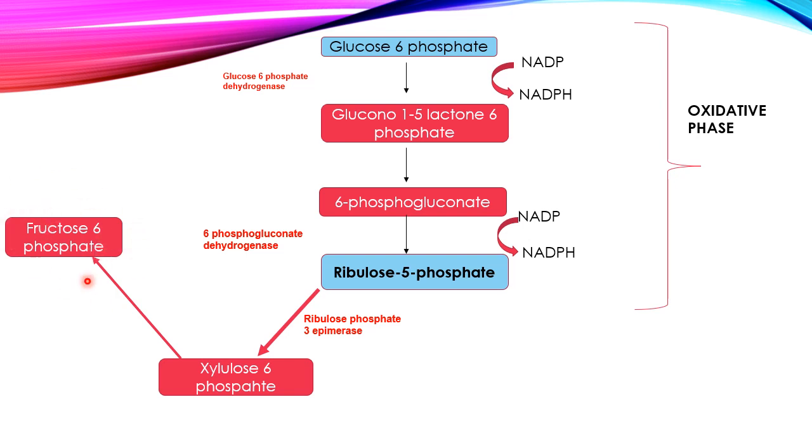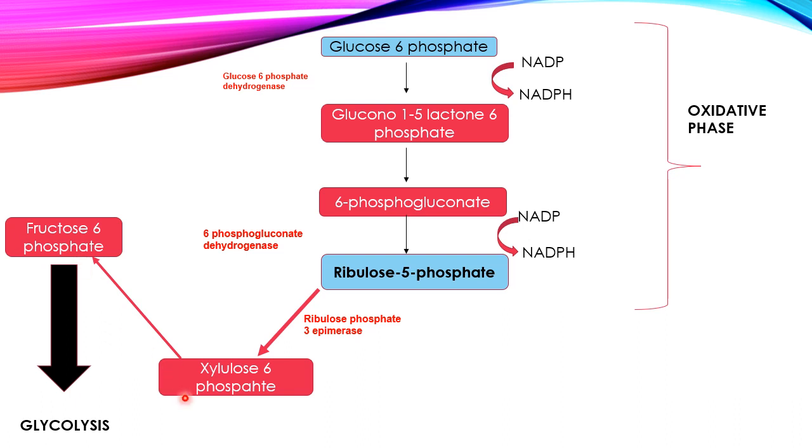Now, where have you studied fructose 6-phosphate? Try to remember it. Yes, we have studied fructose 6-phosphate in glycolysis, where it is involved in the third step of our glycolysis cycle. Okay, and from here our glycolysis proceeds ahead.